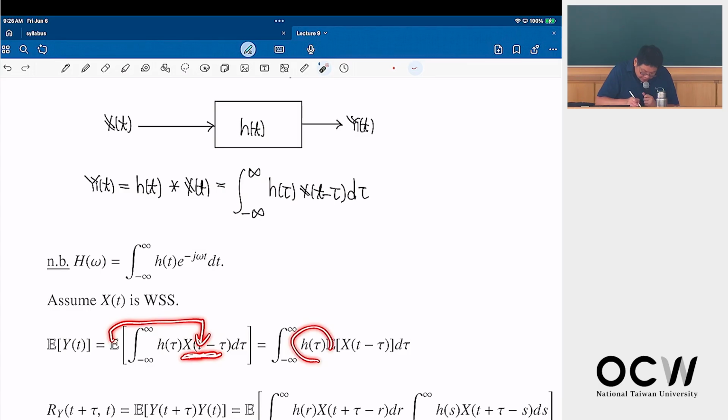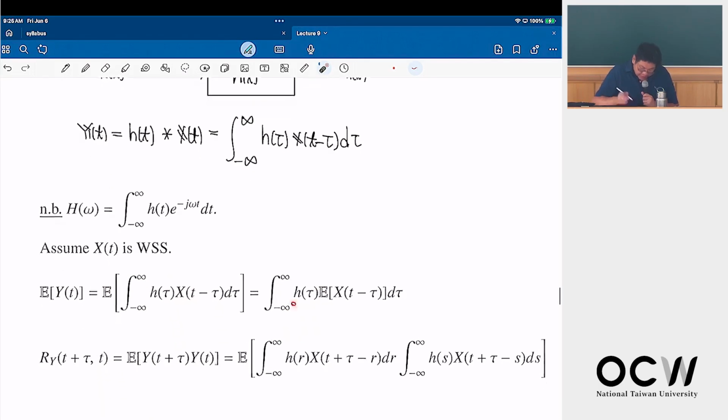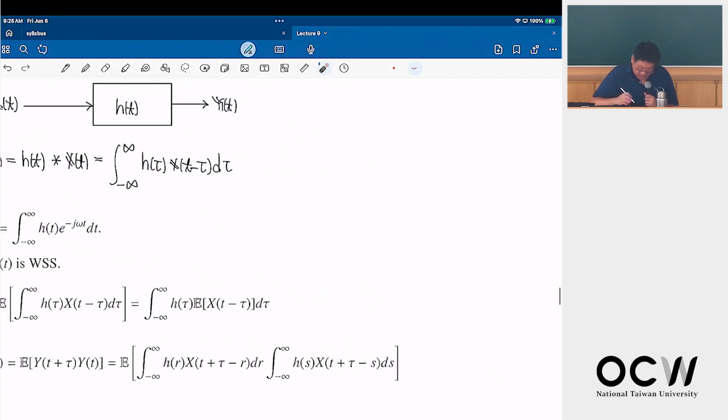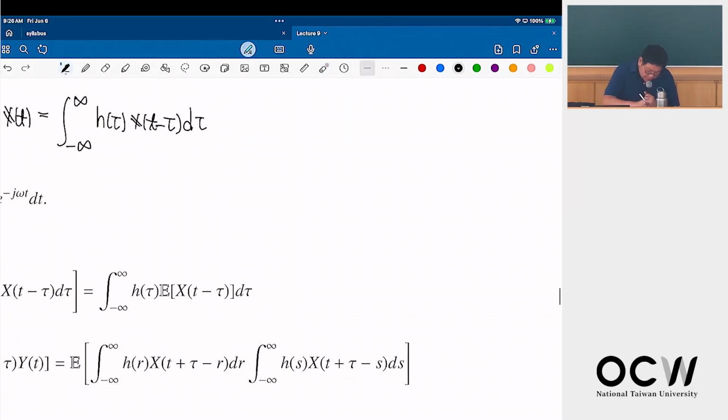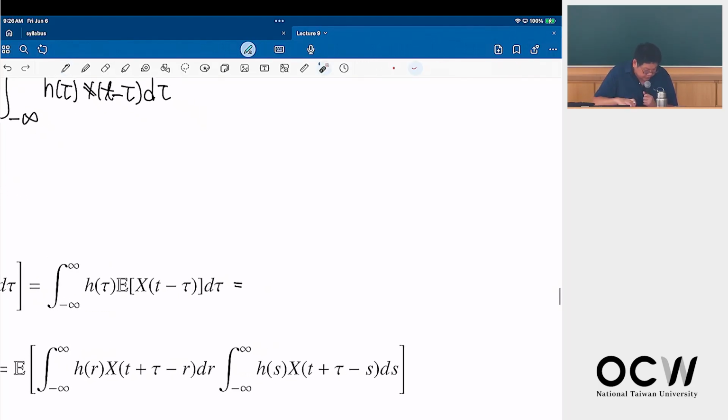H is just a constant function, so we will take the expectation of X. Let me write it down here. What is the expectation of X(t minus tau)? That is the mean, mu X.